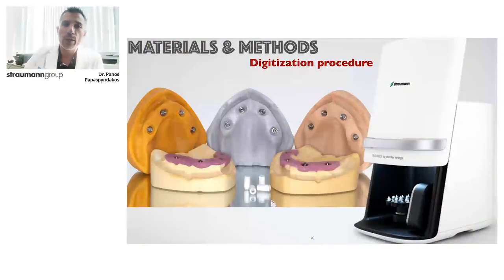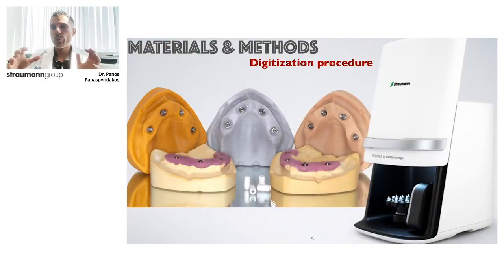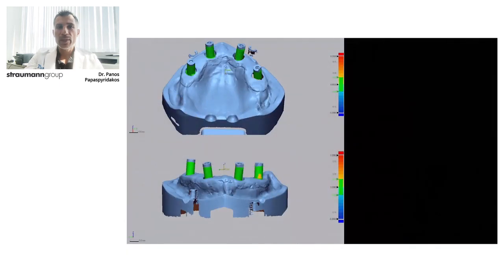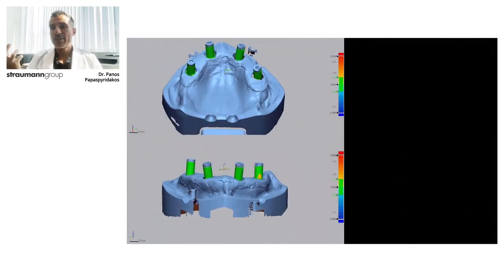How did we do it? We digitized the group of the stone casts and the groups of the 3D printed casts with a high reference scanner here, the 7 series from Straumann. And all these digitized casts, the STL files from them, were superimposed to the master, to the reference cast, to see the three-dimensional deviations.